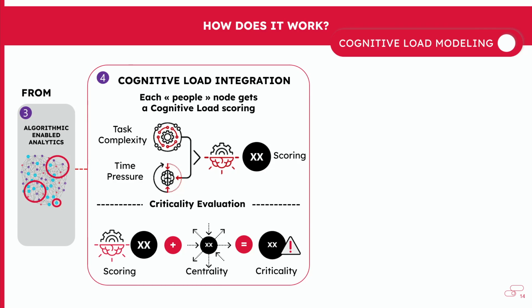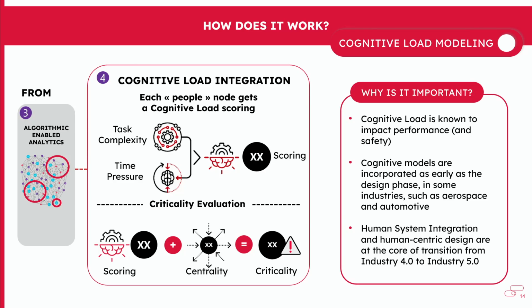Once we have the score for a node and the centrality from the previous analysis, it becomes a criticality indicator, a criticality parameter.